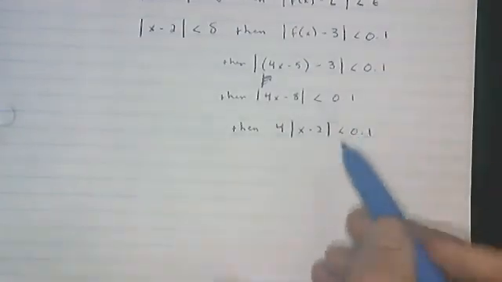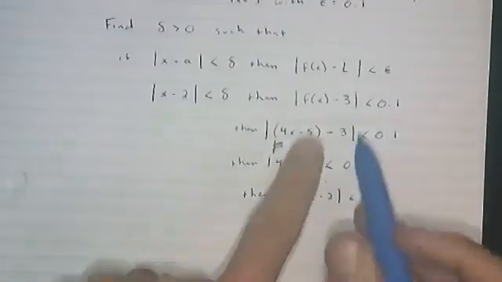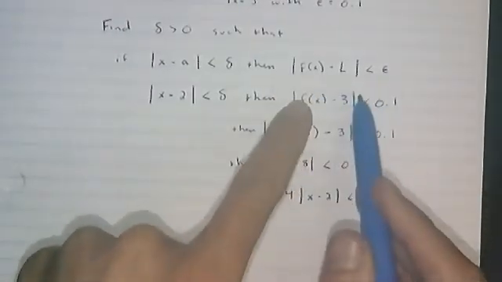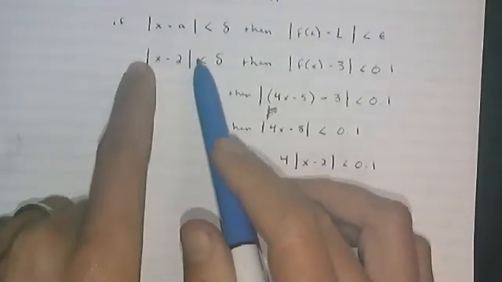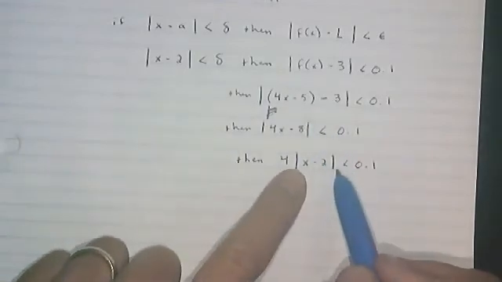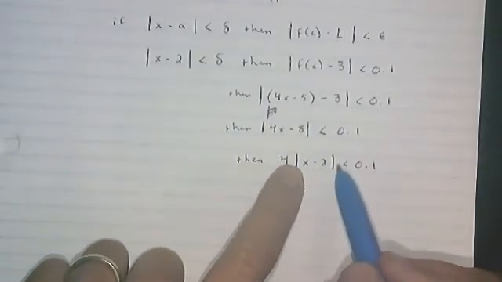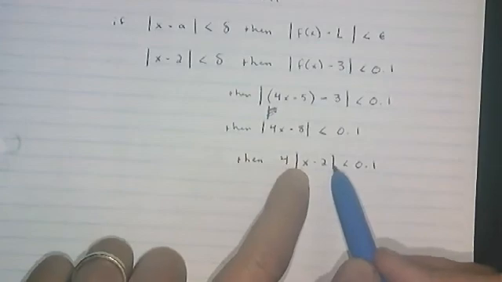So now look at this. I said we wanted to produce an inequality that involved the absolute value of x minus 2. Look what we just got: an inequality that involves the absolute value of x minus 2. So we're almost there.